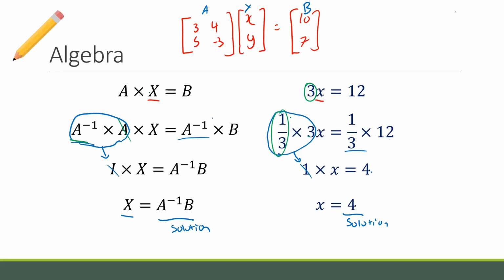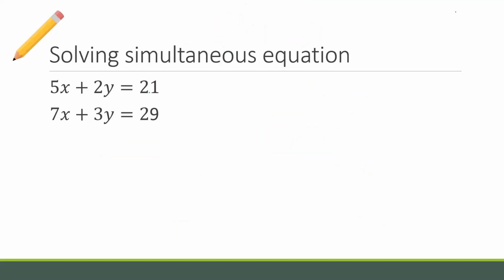Let's do an example, and it's going to be one of the hardest examples we do. 5x plus 2y equals 21, 7x plus 3y equals 29. These are already some ugly numbers, but it's okay. We should be able to solve these.